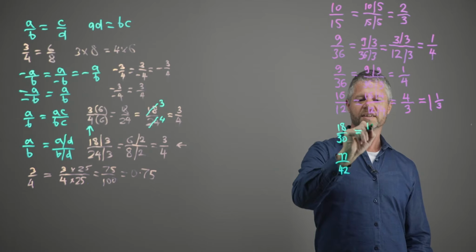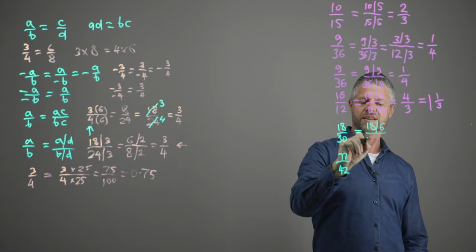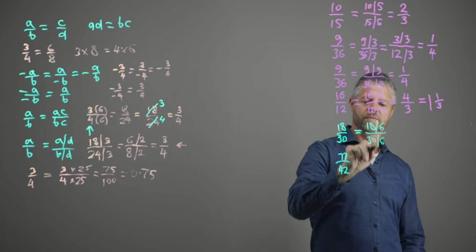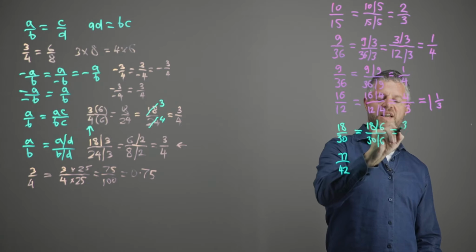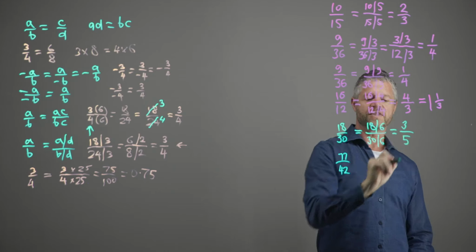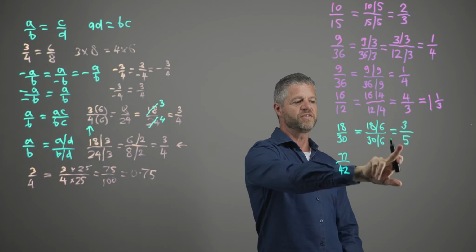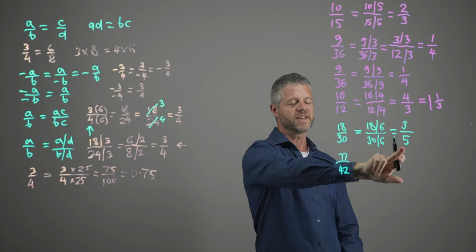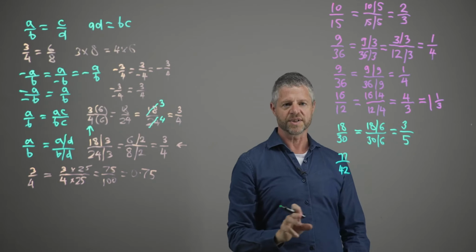So let's divide numerator and denominator by 6. So 18 divided by 6 is 3, and 30 divided by 6 is 5. So 18 over 30 is equivalent to 3/5, and 3/5 is this fraction, 18 over 30, expressed in lowest terms.